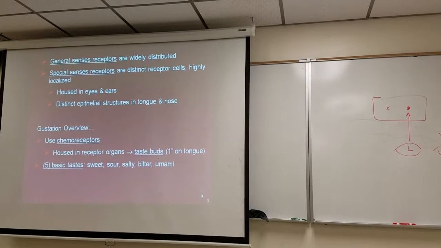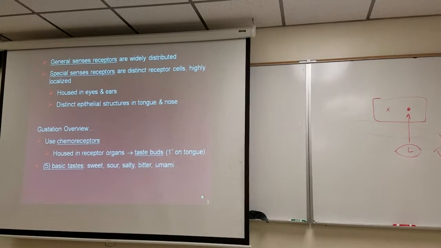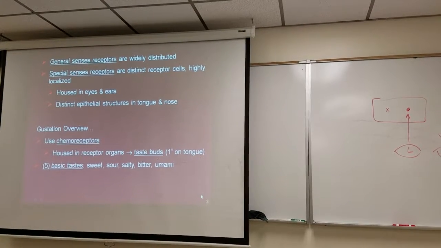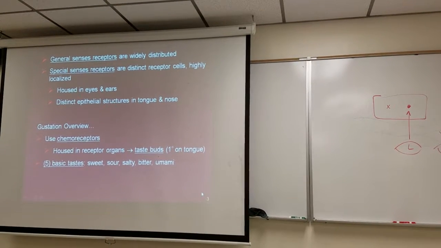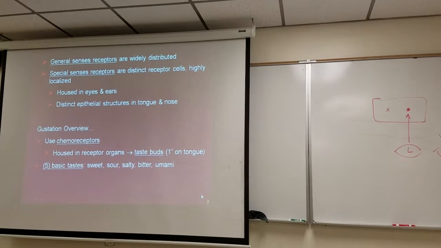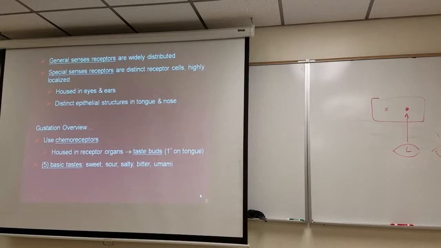The channel opens, sodium influx, depolarize the receptor membrane. If the graded potential is large enough, reaches the initial segment of the axon, and you've got action potentials. Pretty straightforward. So taste and smell, not so bad in terms of transduction.